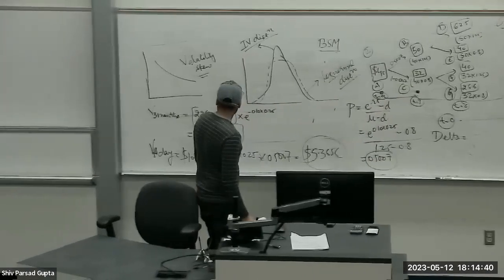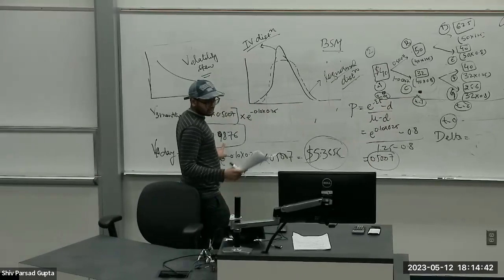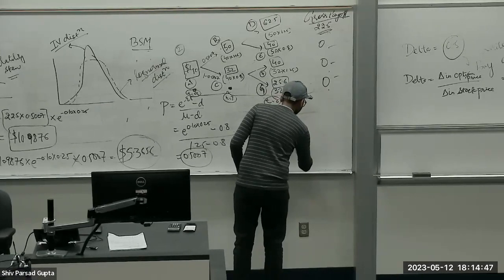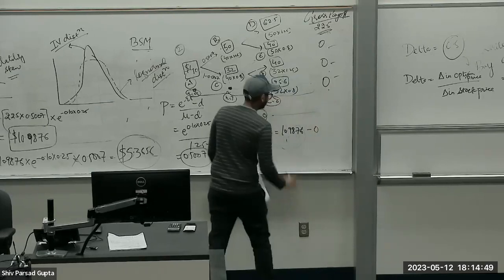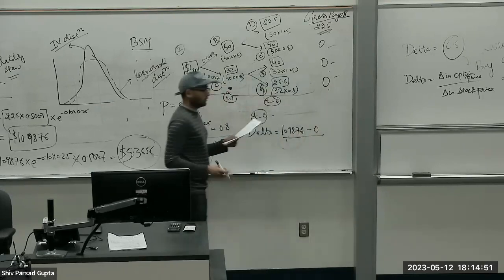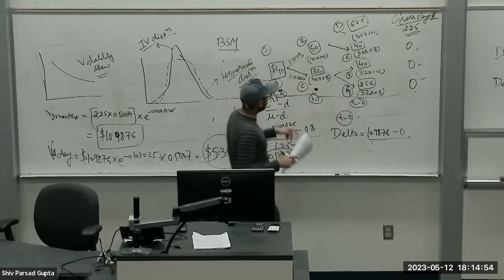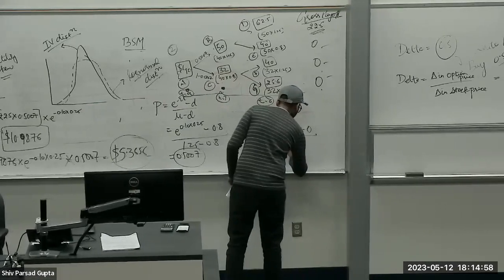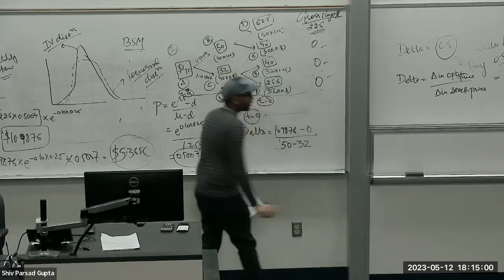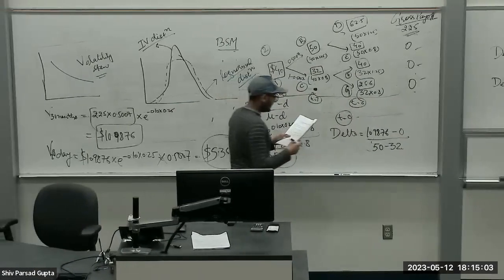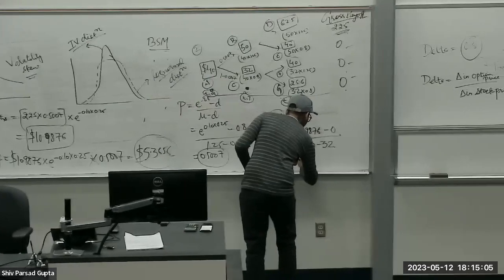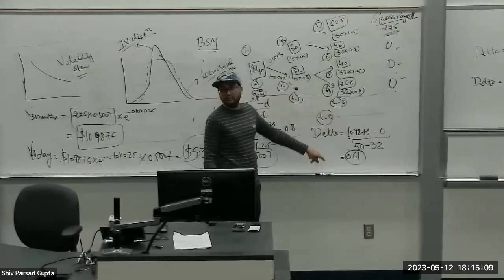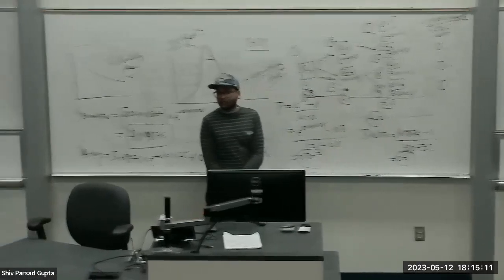The option price we have calculated as 10.9876, so 10.9876 minus 0, and the share price we're moving is basically 50 or 32, so 50 minus 32. So the delta will be 0.61. So it means that you need to buy or hold 0.61 share.